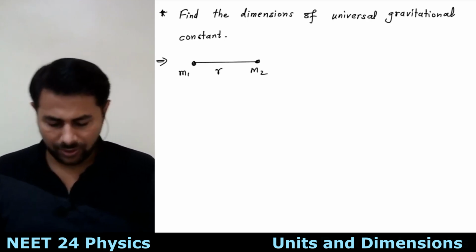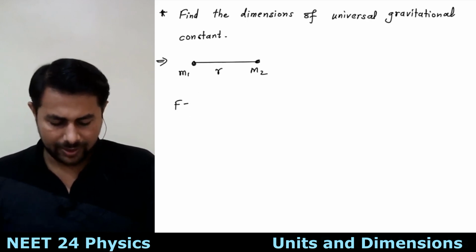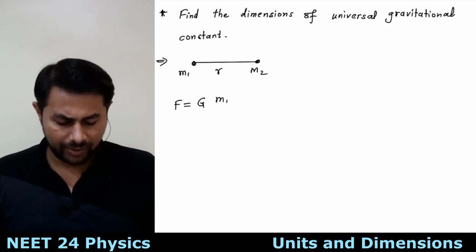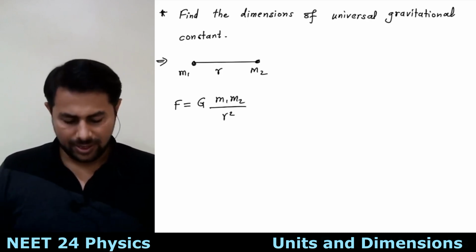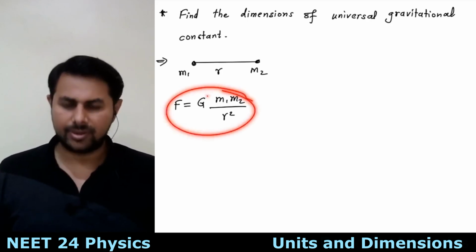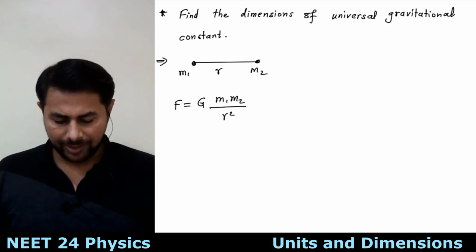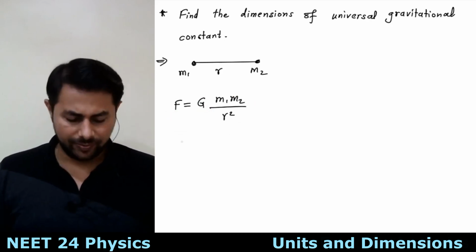Then Newton told us that the force between them is given by the universal gravitational constant multiplied by m1 m2 divided by r square. And therefore now we have the formula connecting force and universal gravitational constant. So we can find out dimensions of universal gravitational constant very easily.